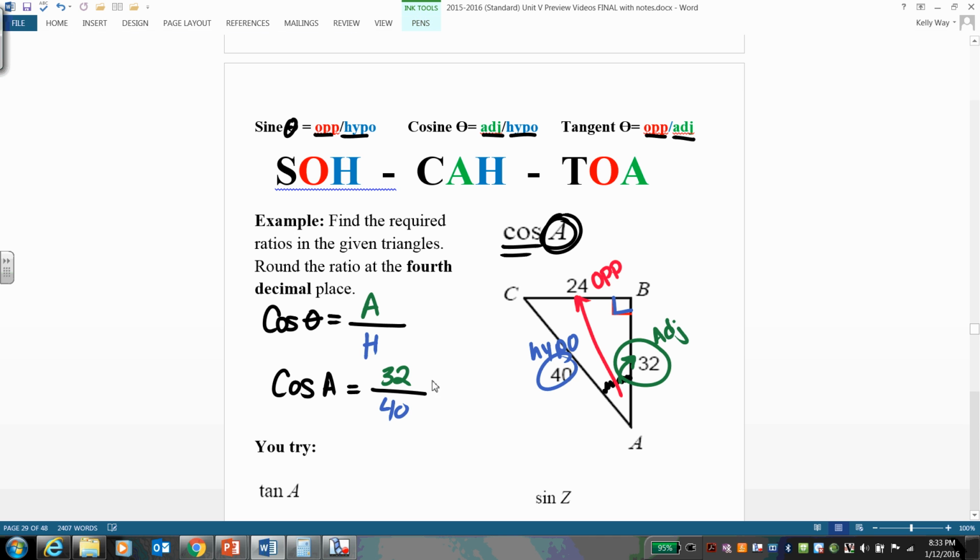I'm going to reduce that. 8 goes in there 4 times, 8 goes in there 5 times, 4/5. 1/5 is 0.20, so 4/5 is 0.8000. So the cosine of angle A in this situation is 0.8000.